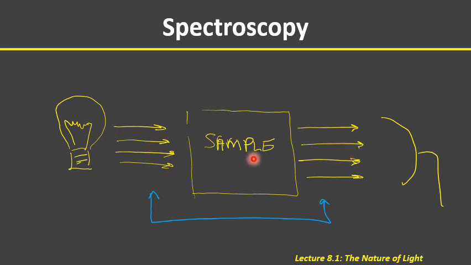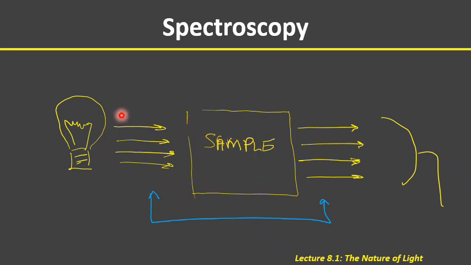And typically there's going to be some kind of change in the properties of the light. Very often it's a change in intensity of specific colors. And the way the light is affected by interacting with the sample tells us something about the sample itself. Especially, we can learn about energy levels of the molecules in that sample.